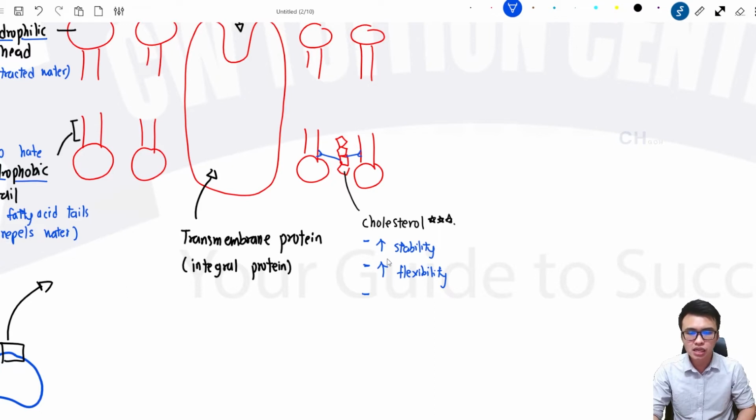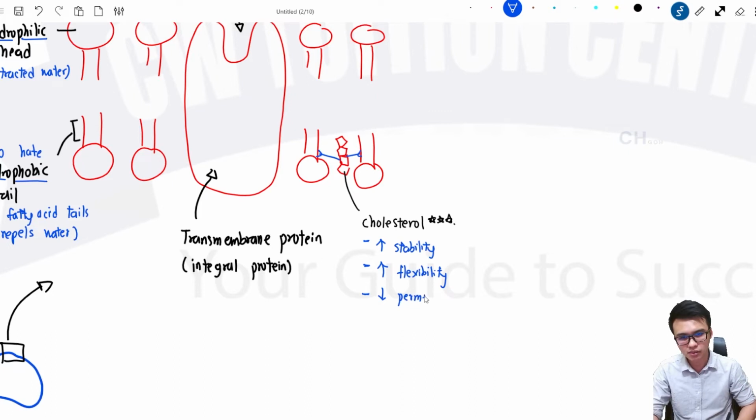Besides that, the cholesterol will block something from passing through the plasma membranes. Let's say something wants to pass through the plasma membrane through the middle of the phospholipids. The cholesterol makes it harder to pass through. That's why one of the functions of the cholesterol is to decrease the permeability.